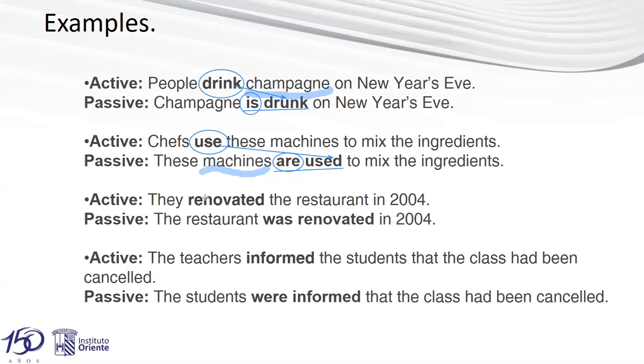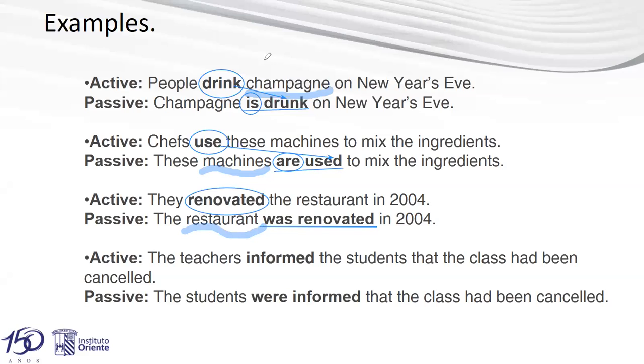They renovated the restaurant in 2004. One more time. First, present or past. In this case it is past. It is a regular one. Okay? So, we have the passive. Was because you are talking about the restaurant. Restaurant is singular.